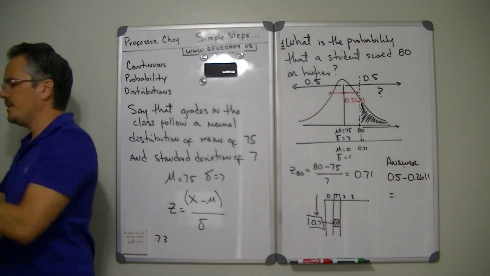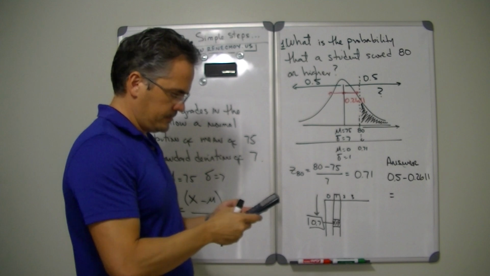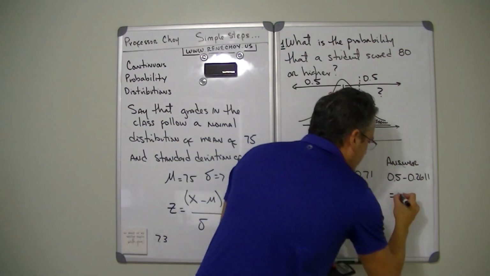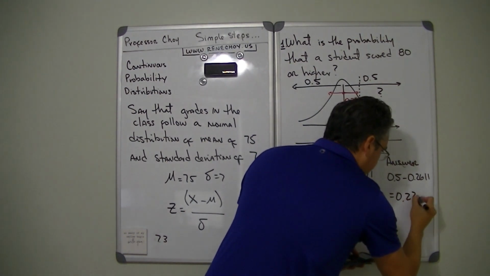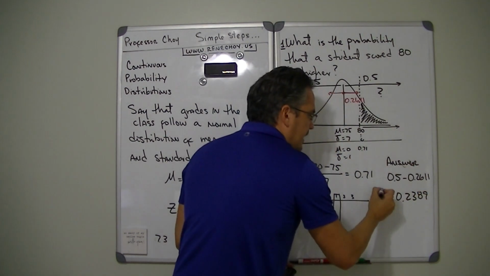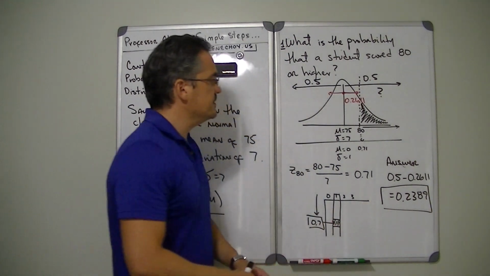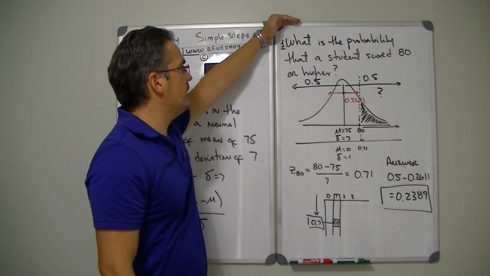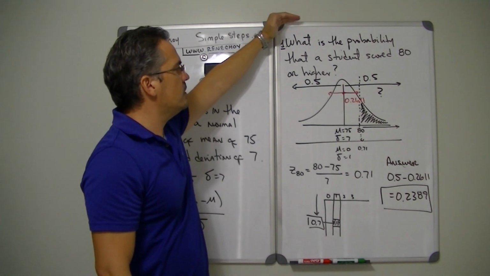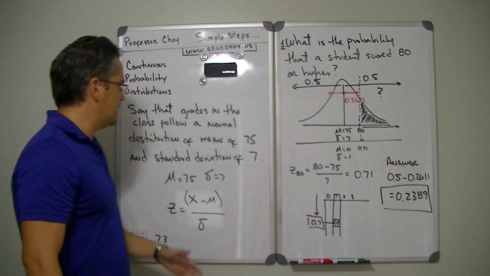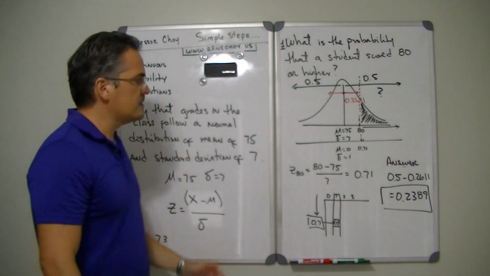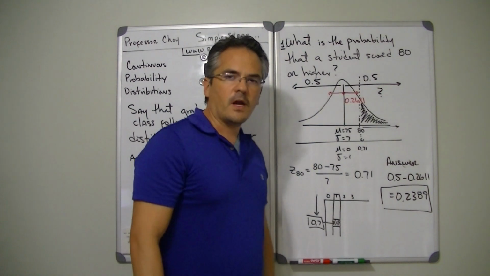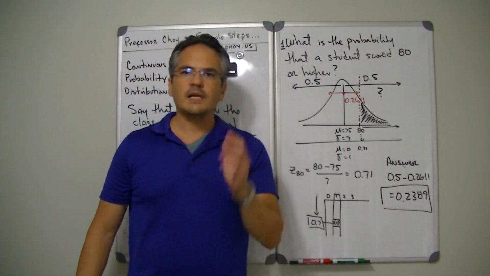And that's going to give me 0.2389. And this right here, my friends, is the answer to my question. What is the probability that a student scores 80 or higher, making these assumptions, is 0.2389. Alright, let's take the same problem, ask a different question.